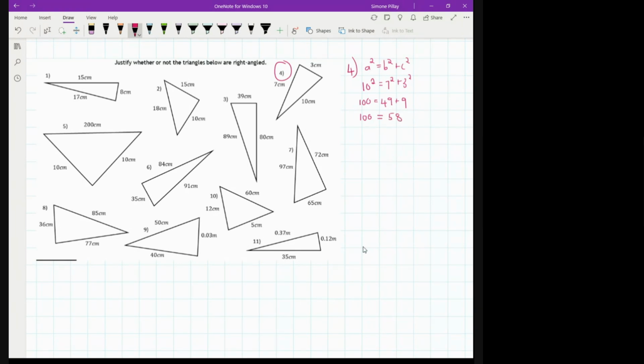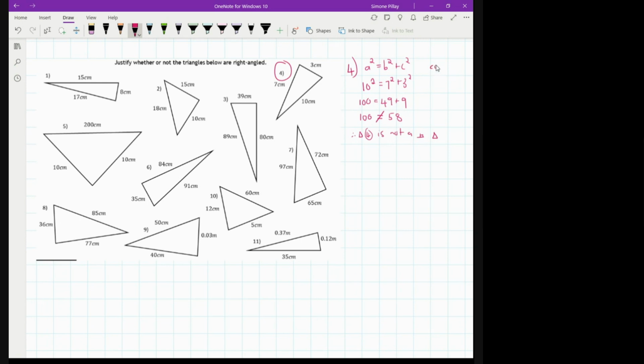What now? Is it actually equal, Uma? No, it's not equal. So therefore, the triangle is not a right angle triangle, and my reason is converse Pythagoras.